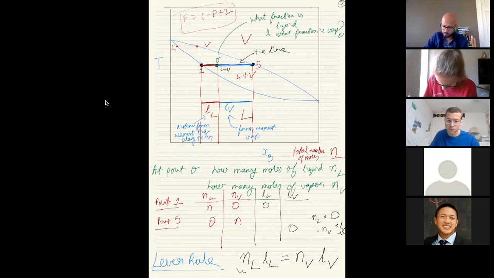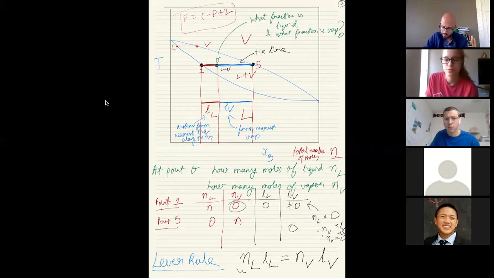LV is non-zero for sure. We know it is some length at point 1, so this is non-zero. But if NL multiplied by 0 gives you NV multiplied by LV, this means that NV is equal to 0. And this is what we had over here. So it follows our common sense that Jared told us about.